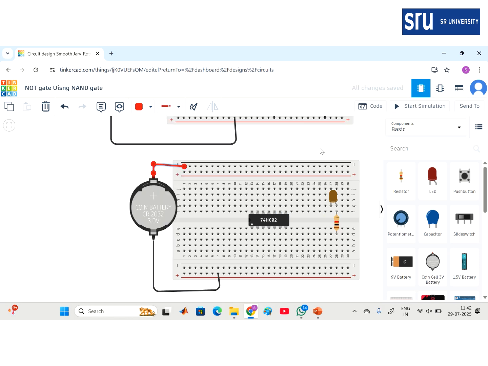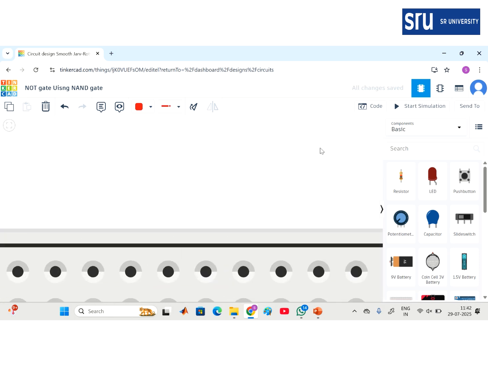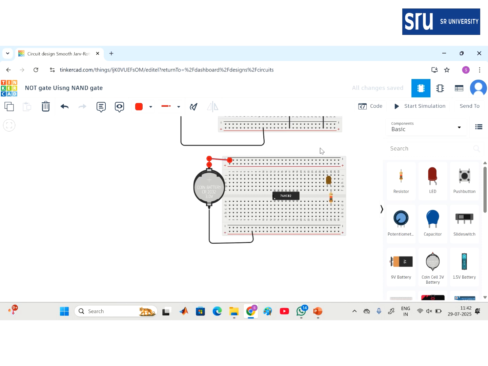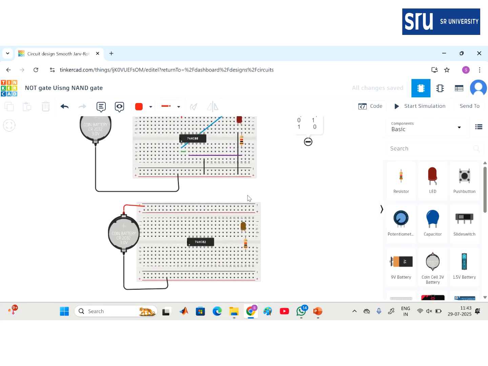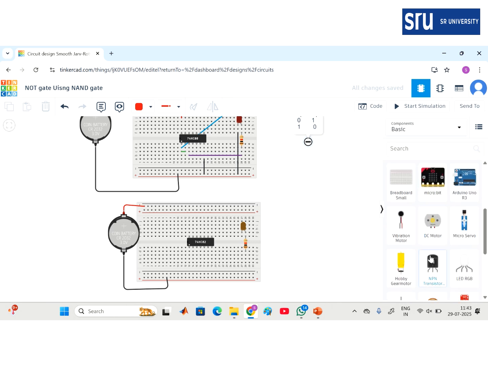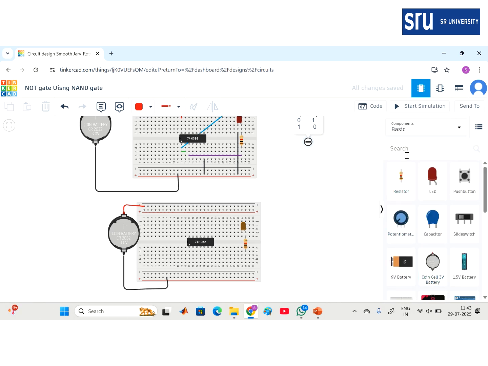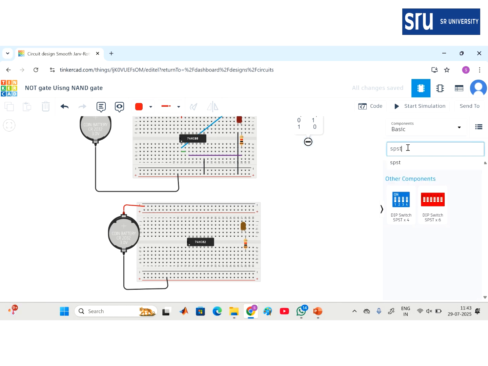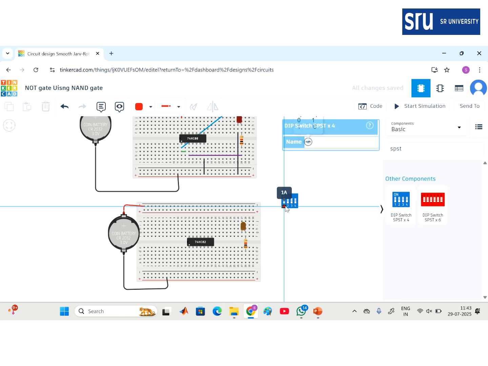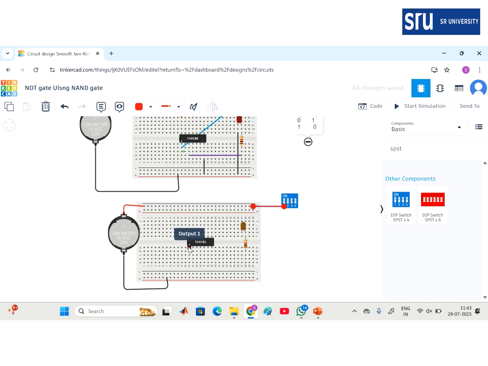Now what I have to consider? I'm considering one switch, SPST switch. So connect this 1A terminal to VCC, and second is my input, right? Now what I have to do, this is an output.